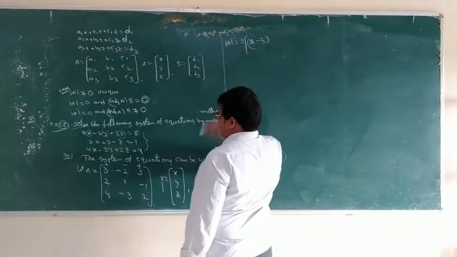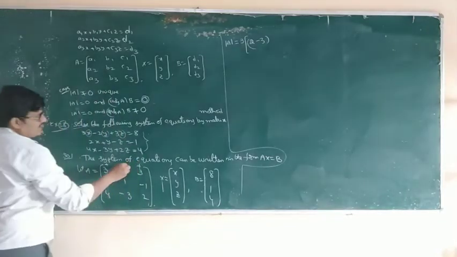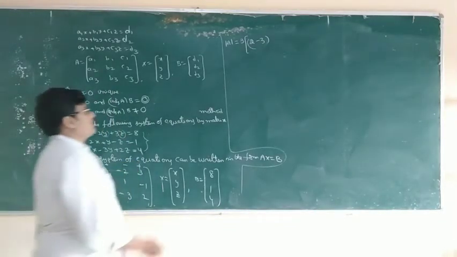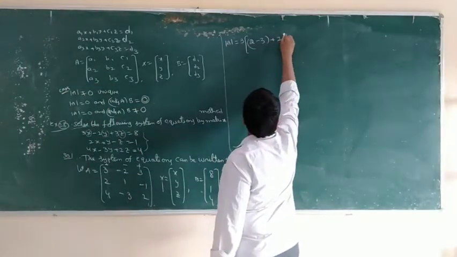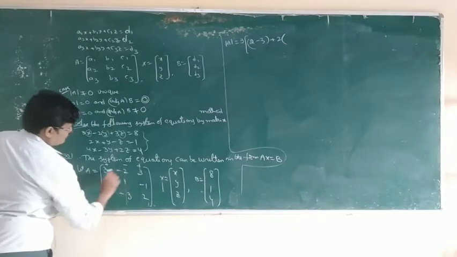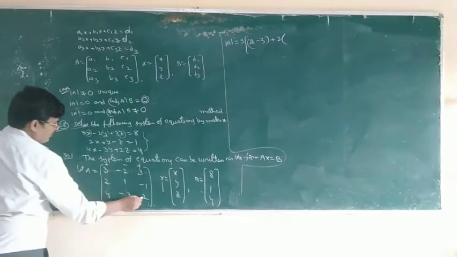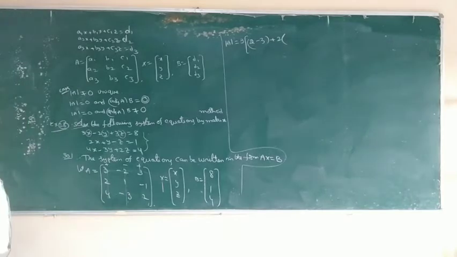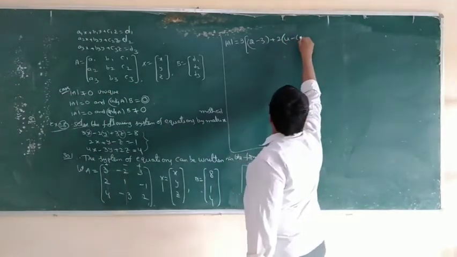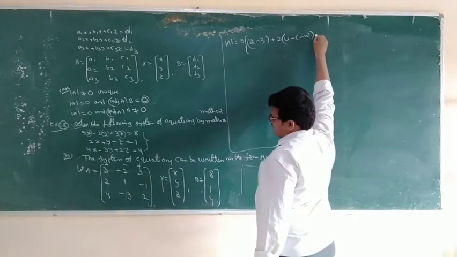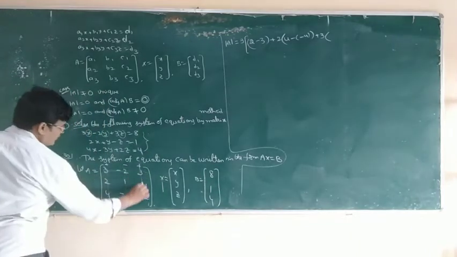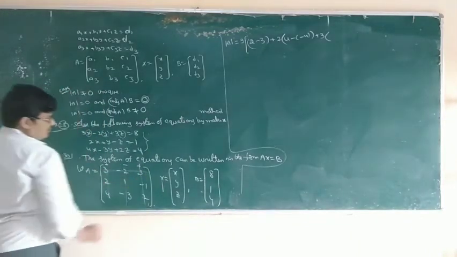Next, minus of minus, this is minus into minus 2, which becomes plus 2 into the remaining 2 by 2 matrix after removing the corresponding row and column: 2 into 2, 4, minus of minus 4.